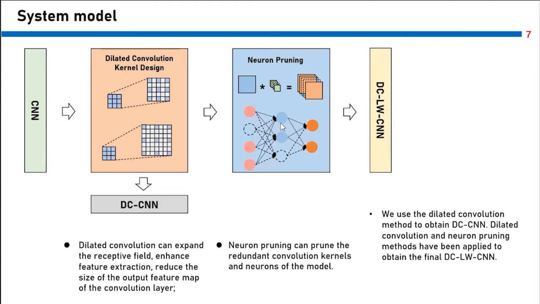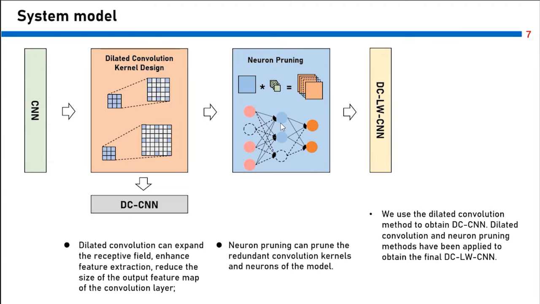We use the dilated convolution (DC) to replace the standard convolution of the original CNN to obtain the DC CNN. Subsequently, the narrow pruning method is applied for further processing to obtain the DCLW CNN.